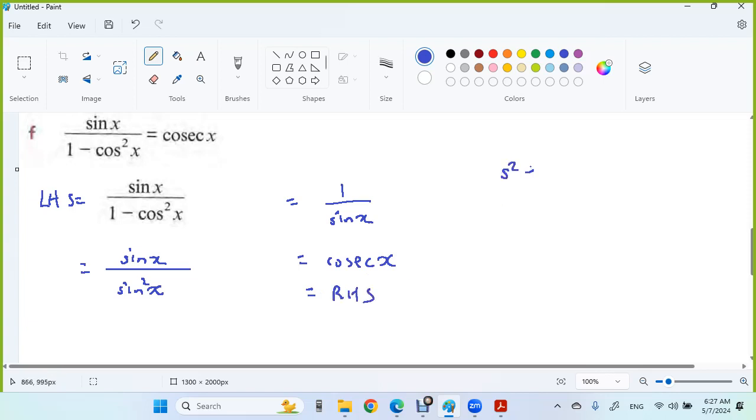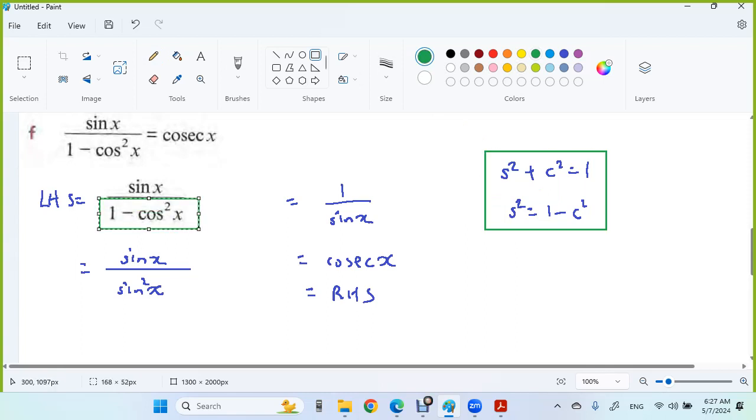So we know that the sine square plus cos square equal to 1, then sine square is 1 minus cos square. Okay, so one minus cos square.